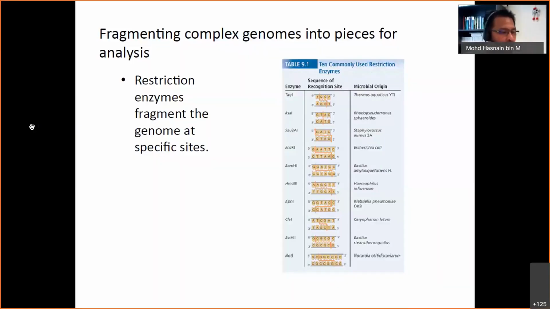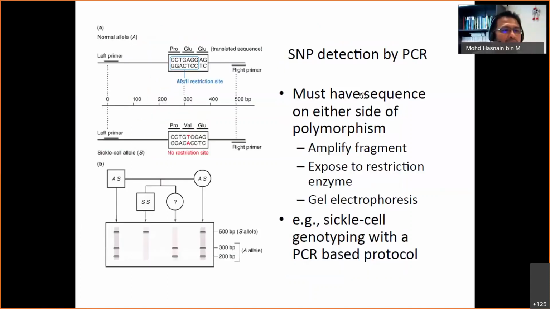Okay, I'm going to stop in 5 more minutes. Restriction enzymes can be used because different individuals sometimes do not have the restriction site at the same position. So when you cut one individual, it has the site, while another individual does not. It will show like this.